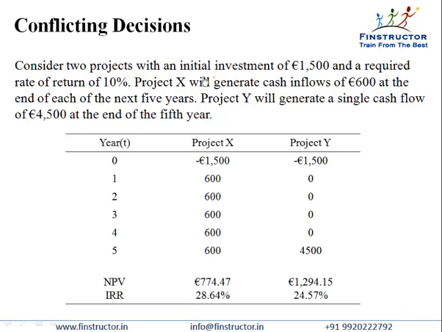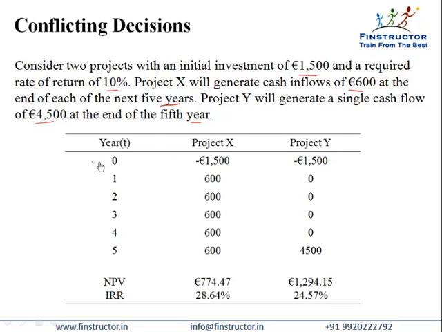So consider two projects with an initial investment of 1500 euros and a required rate of return of 10%. Project X will generate cash flows of 600 euros at the end of each of the next 5 years. Project Y will generate a single cash flow of 4,500 euros at the end of the 5th year.